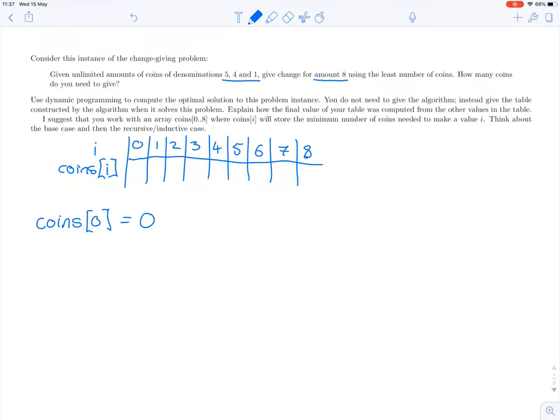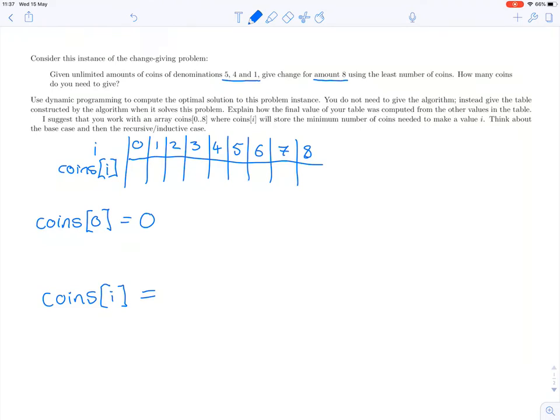So we need to express the solution for coins of I in terms of some simpler problems, so coins of some smaller values than I. Now this is the hard part of the problem, and it requires a bit of thought for how you might come up with this recurrence.